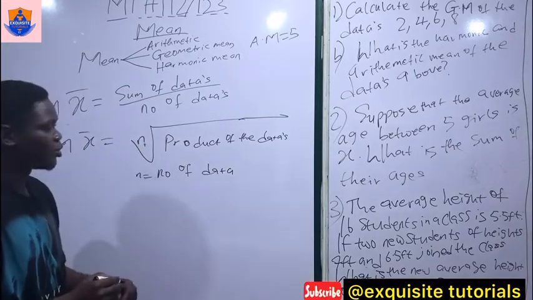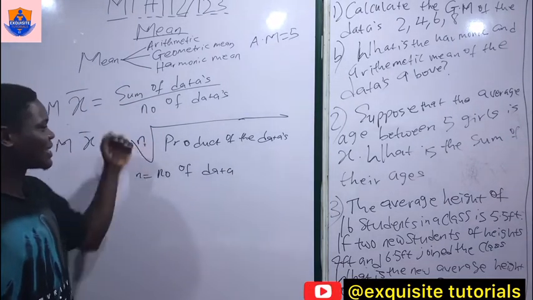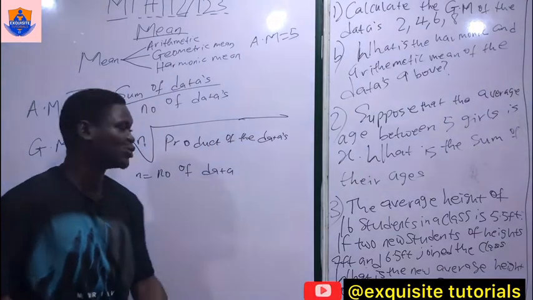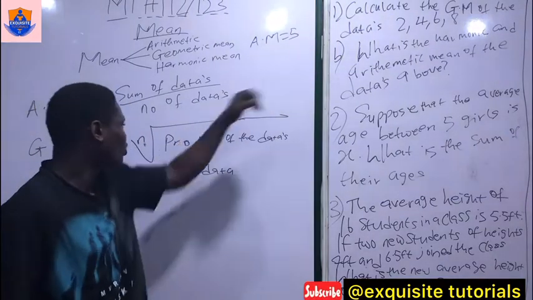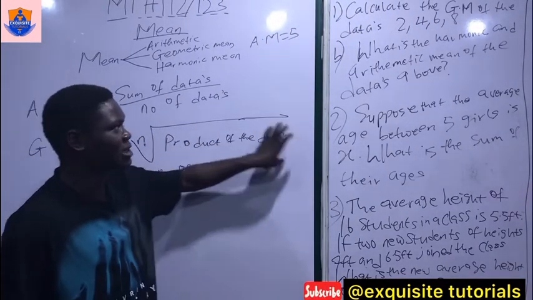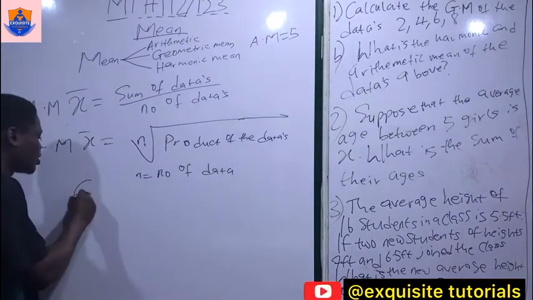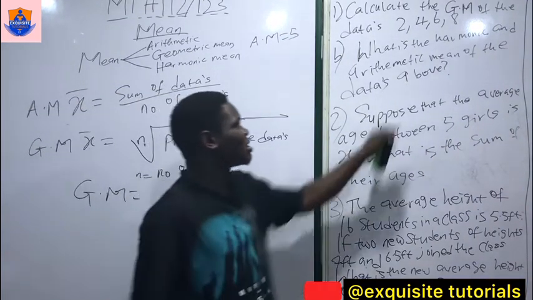I'm thinking of a way to write this. Can I say it is the number-of-data's root of the product of the data? That will be hard for you to understand. So n is the number of data, which is 4, but you have to multiply the data and find the nth root of that.